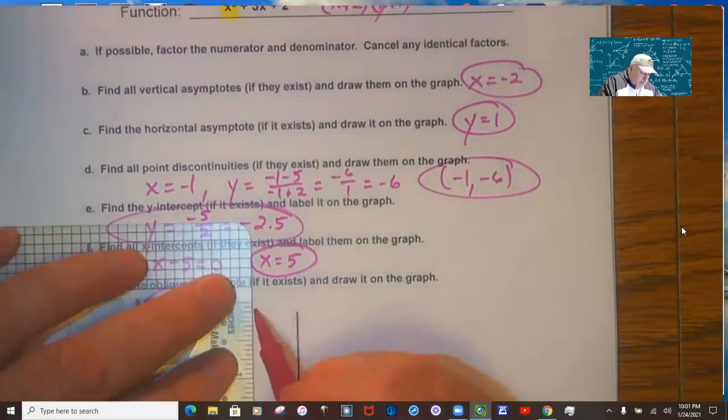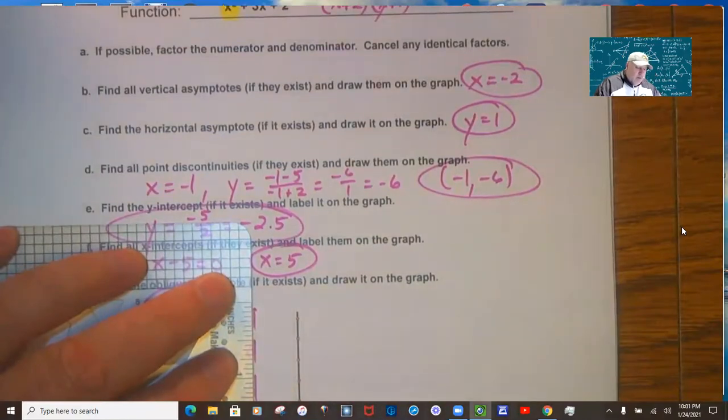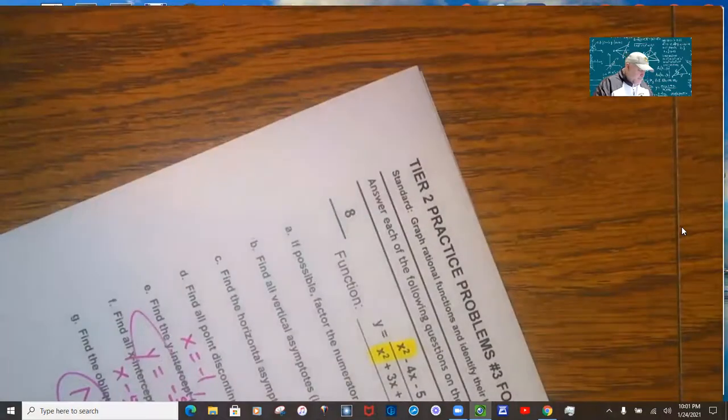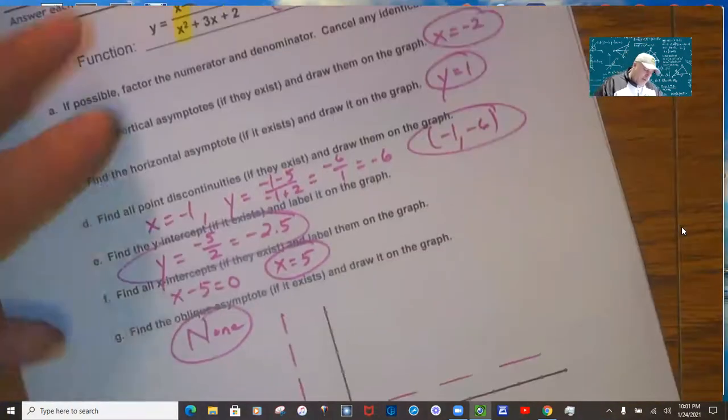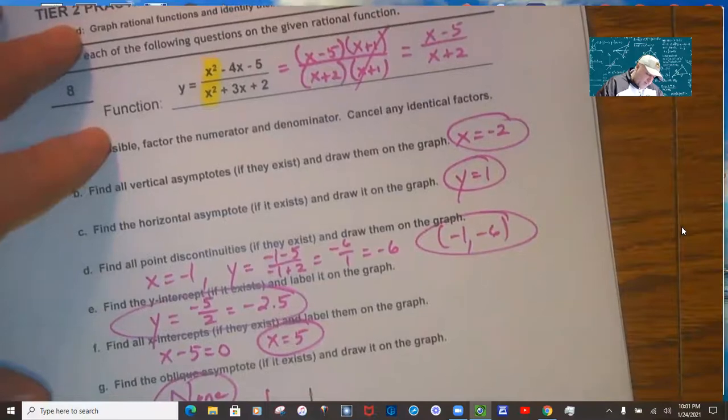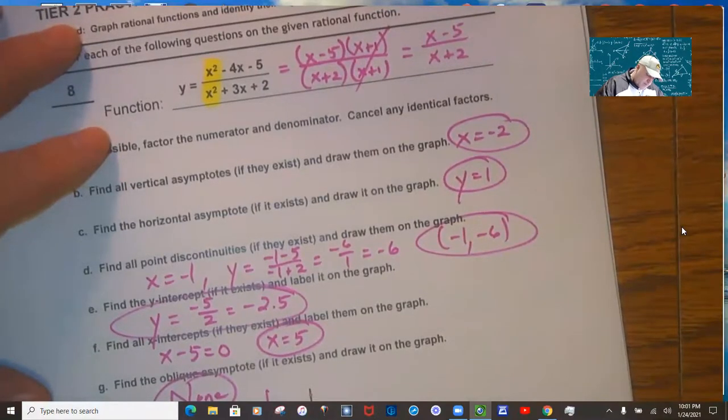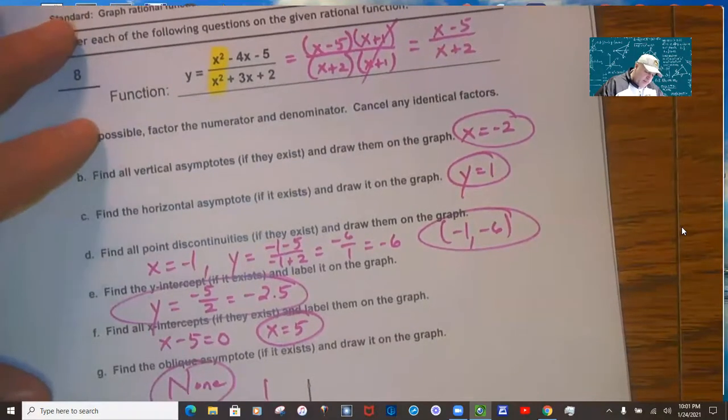So vertical through -2. Horizontal through 1. So you just go down the line and you put all these features on the graph. Point at -1, -6. Right here. X-intercept at 5.